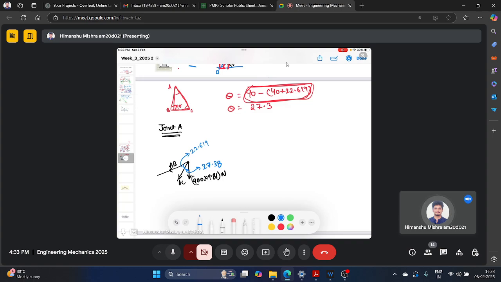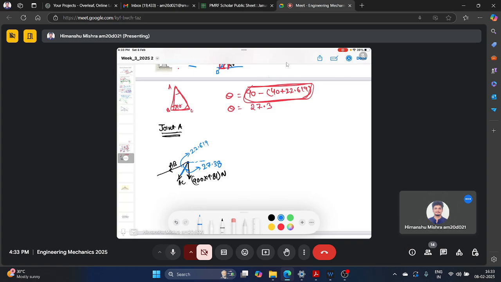So now we can decide the coordinate system. Earlier we assumed an inclined coordinate system along this force, right?